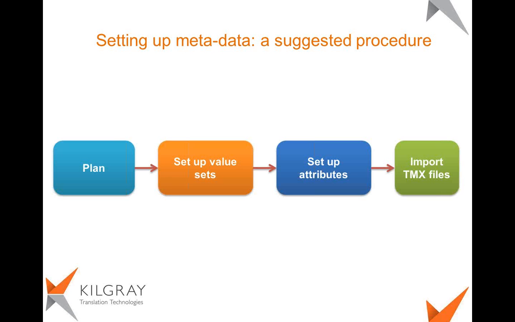These are two different attributes, but they have the same value set. In the TM repository, by default, it's called authors. So this is why these two boxes are different. And once you have set up your initial set of attributes, then you can import the TMX files, import the translation memories, presently in the form of TMX files.